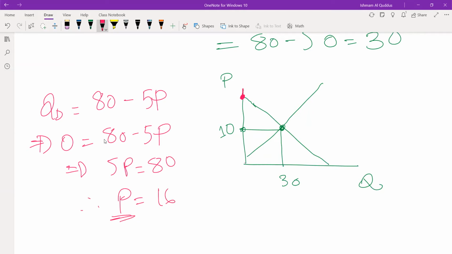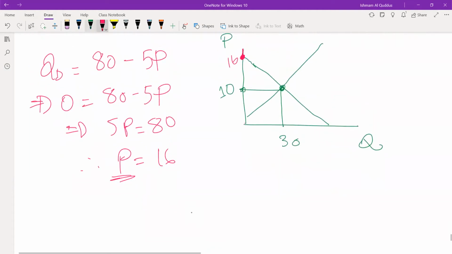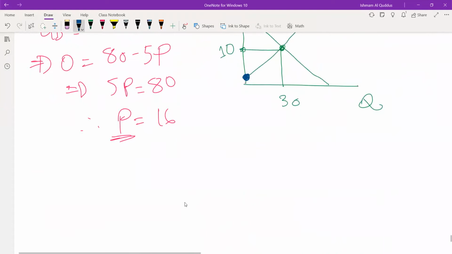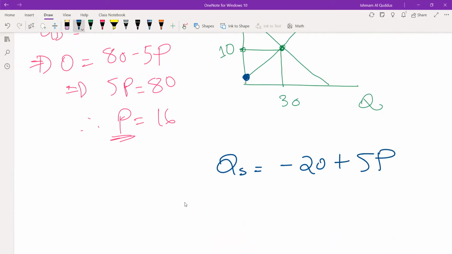So what is this p? The p is the maximum willingness to pay that we derive using the demand function. Now similarly, we can solve the economic cost as well, or the willingness to sell, from the supply function. So supply function was minus 20 plus 5p.